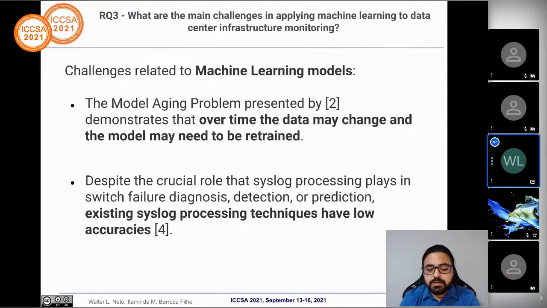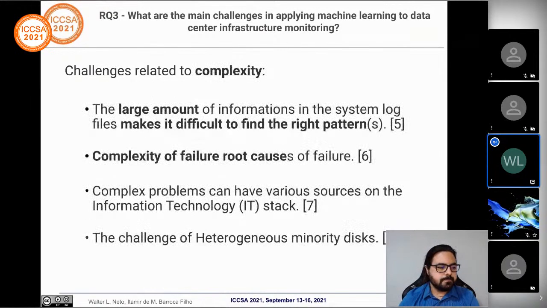The second one is that, despite the crucial role of syslog processing, in this case switch failure diagnosis, detection, and prediction, existing syslog techniques have low accuracy. The second group of challenges was related to complexity.